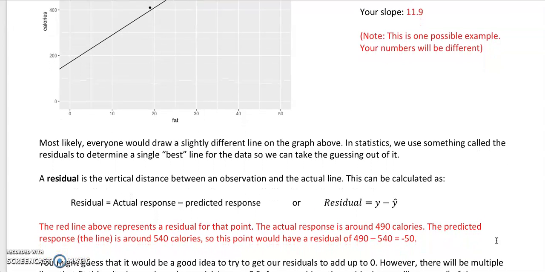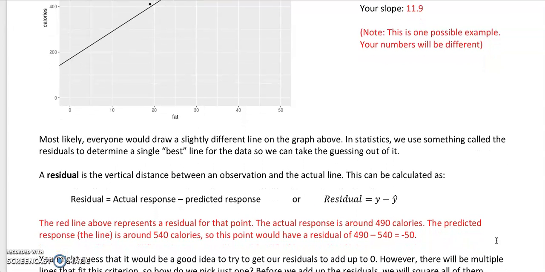Your first instinct might be to say, all right, let's get a line so that the residuals add up to 0. Any negative residuals cancel out with positive residuals, maybe that's how we get the best line. It's actually a really good first step. The problem is there's going to be a lot of lines that have that criterion. There would actually be a bunch of lines where the residuals add up to 0.